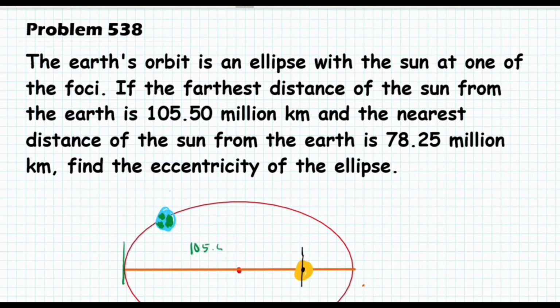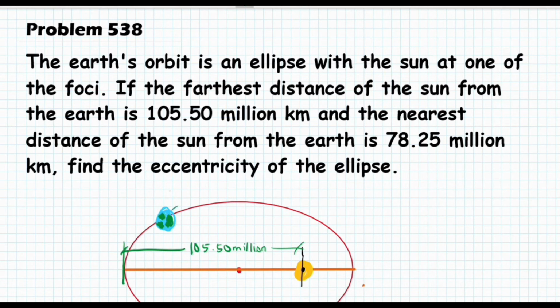That will be equal to 105.50 million. Okay? Yan. 105.50 million. So, we also have this in the nearest distance from the Sun. From the Earth. Of the Sun from the Earth is 78.25 million.